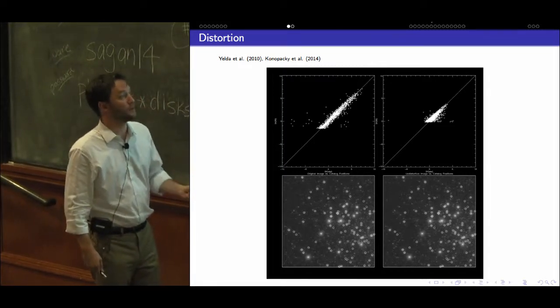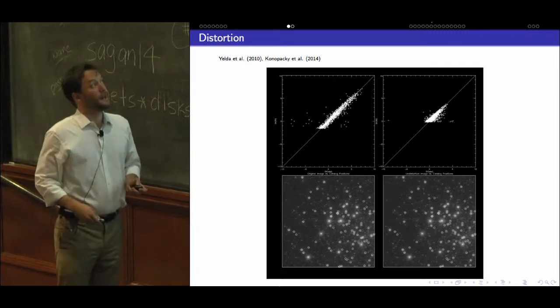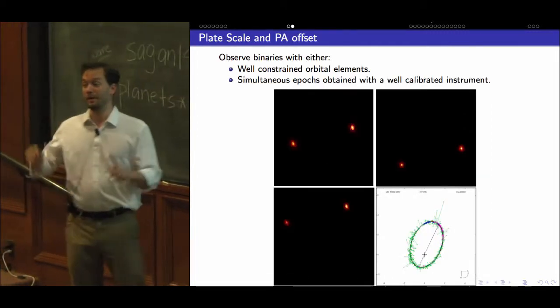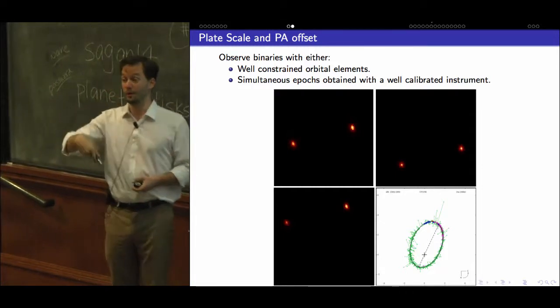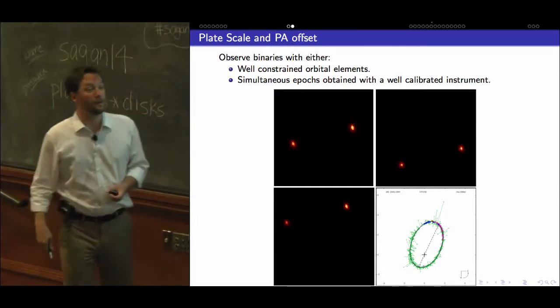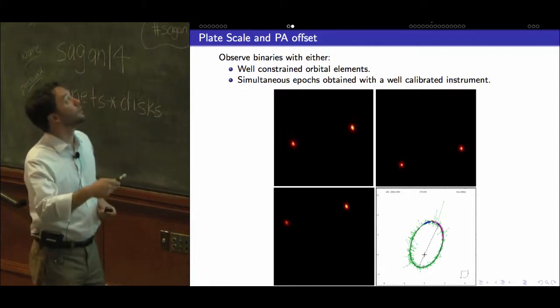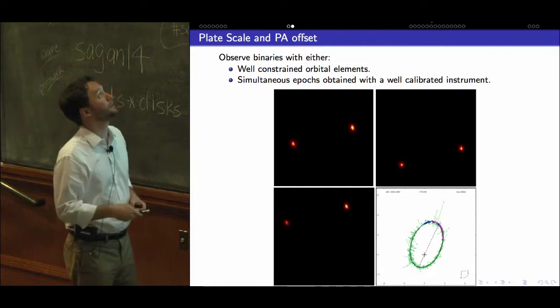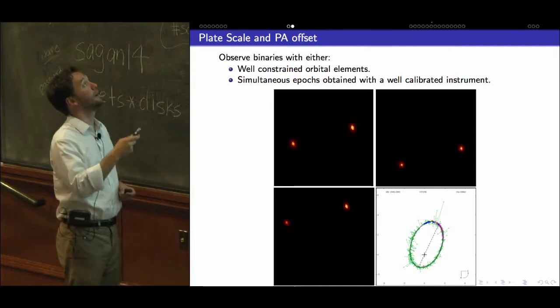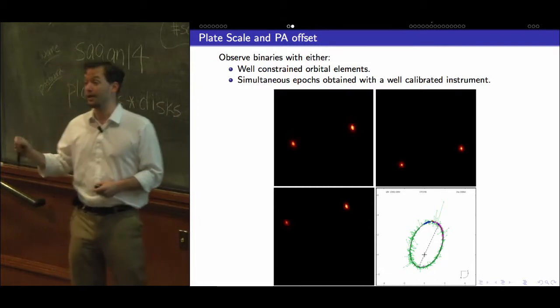So that's the distortion. Then you need to figure out what is the size of a pixel on the sky, and where is north on your image. And the way we do that, we look at binary stars. So you put a well-known binary star in a detector, either a binary star with a well-constrained orbit.